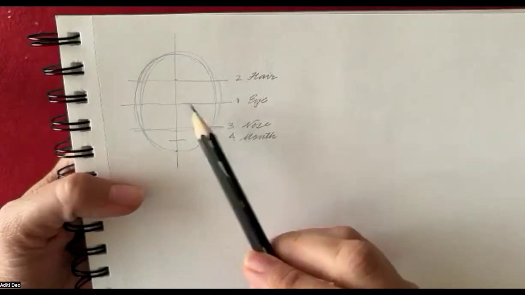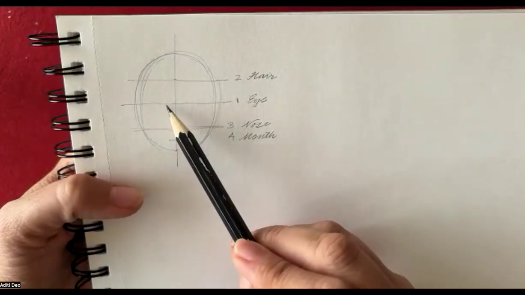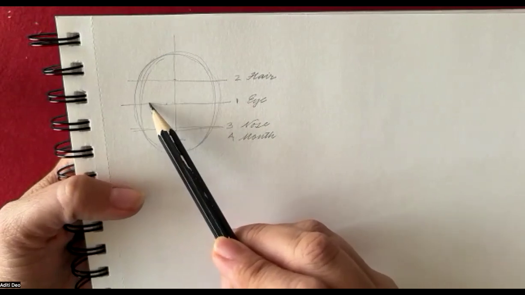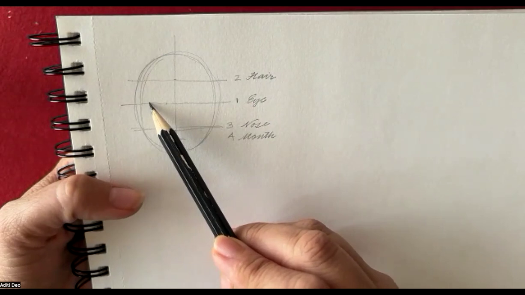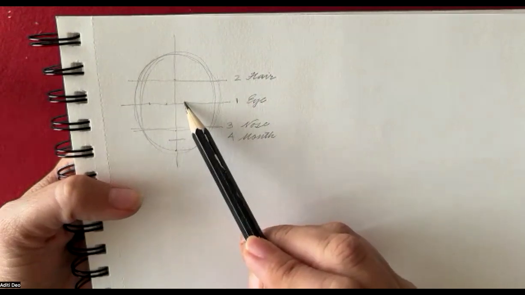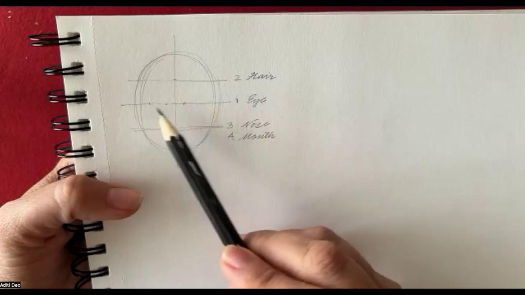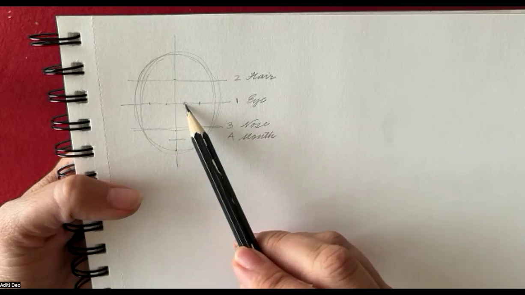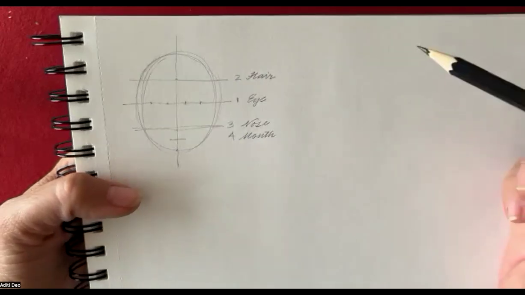The proportion of the eyes is such that the size of the eye itself, from the inner corner to the outer corner, is the same distance you keep between the eyes, and then both eyes are the same size. So this space is equal to this and this space.